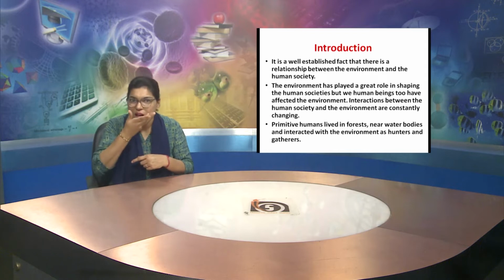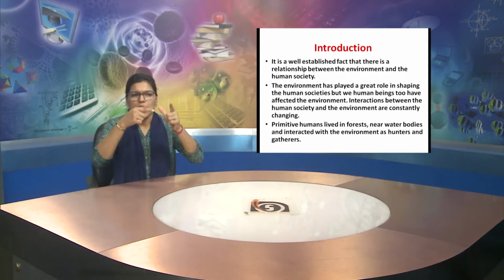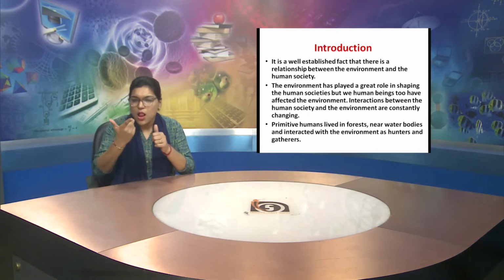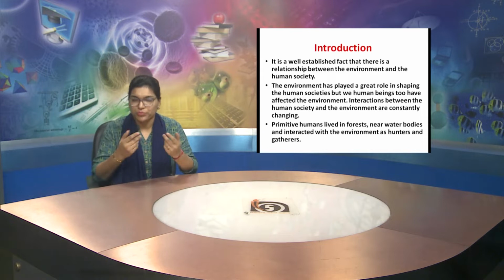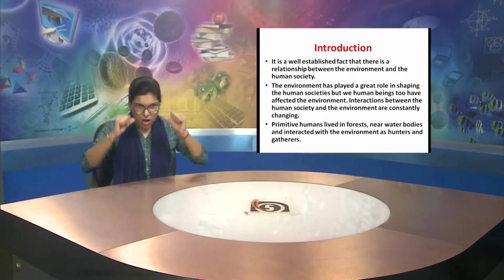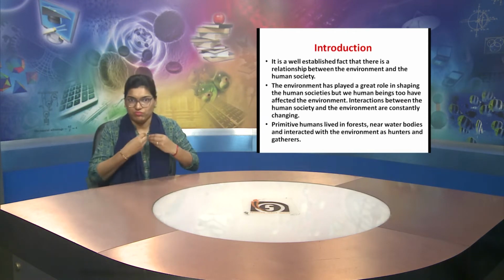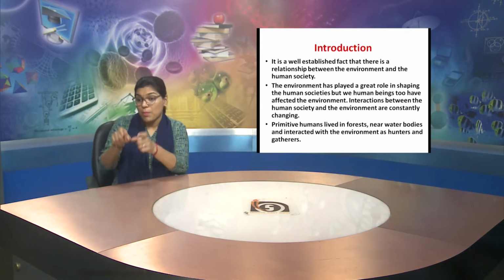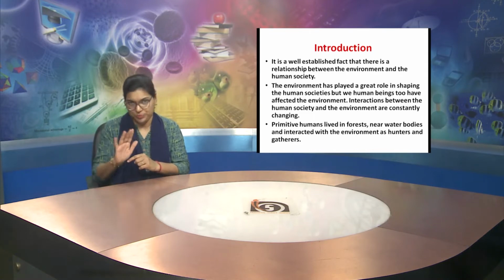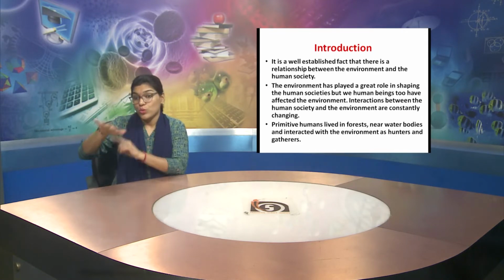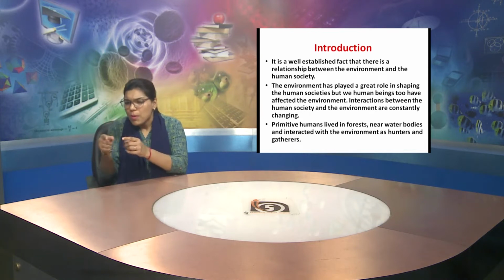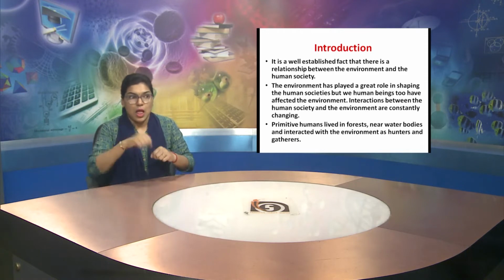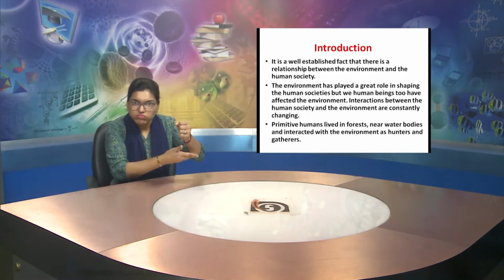As we all know, we use different resources from the environment. We get food from the environment, and there is vegetation available in the environment. These are our basic needs. All these things we get from the environment, and human society uses them all. But we should also be aware that in return, we humans also influence the environment.